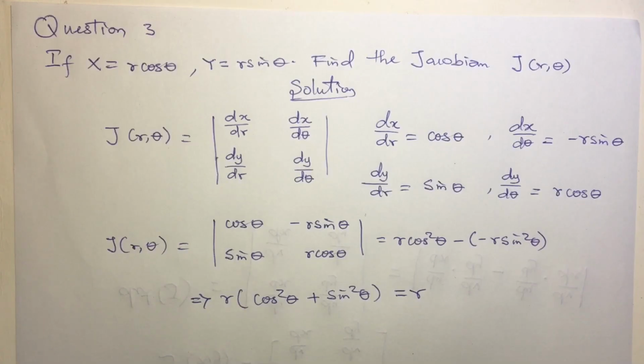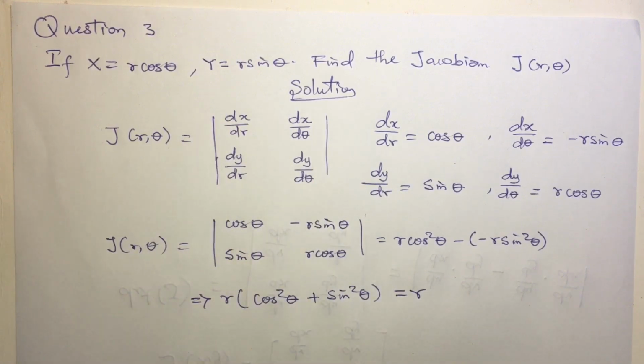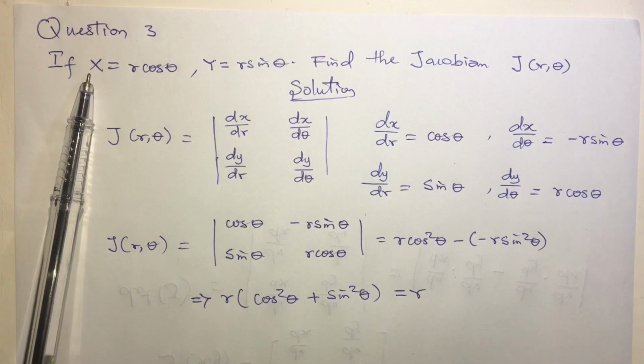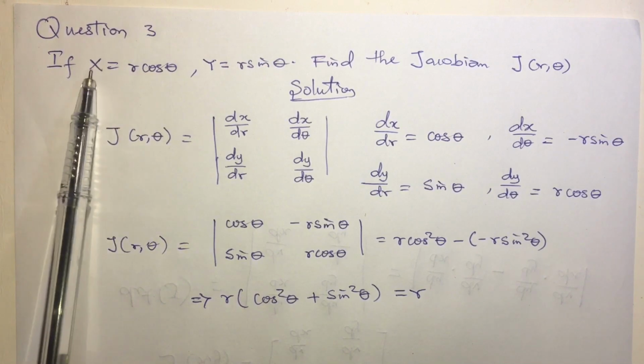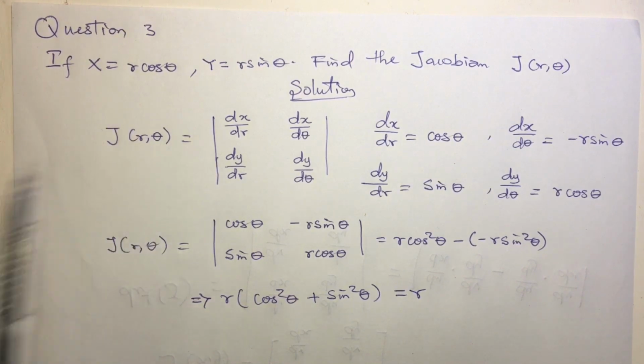Question 3. If x is equal to r cos theta and y is equal to r sin theta, find the Jacobian. First, you need to represent this particular problem in this format, where we have the differential of the first function with respect to the first variable and the differential of the same first function with respect to the second variable.